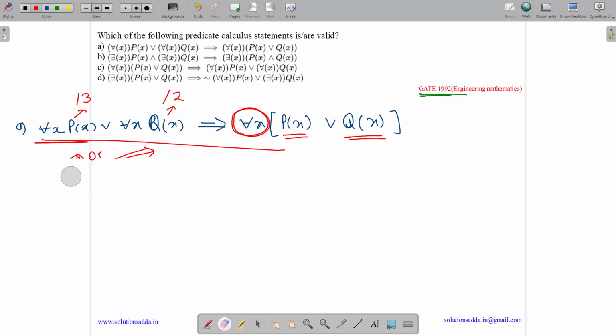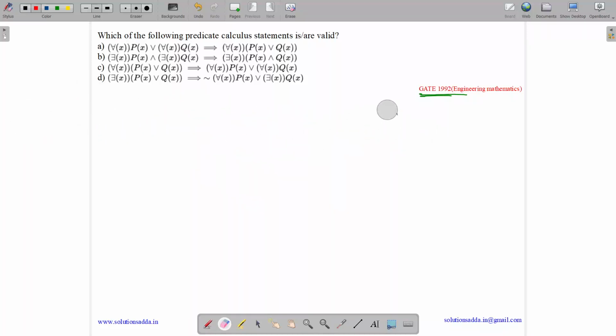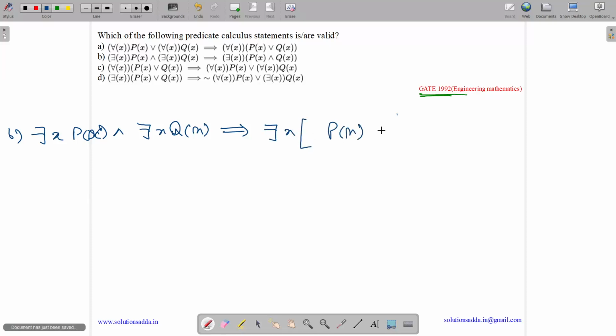Let us see option B. So option B states, there exists an x such that px is true and there exists an x such that qx is true. Then it means there exists an x for which both px and qx are true. This one is false. You can easily see.